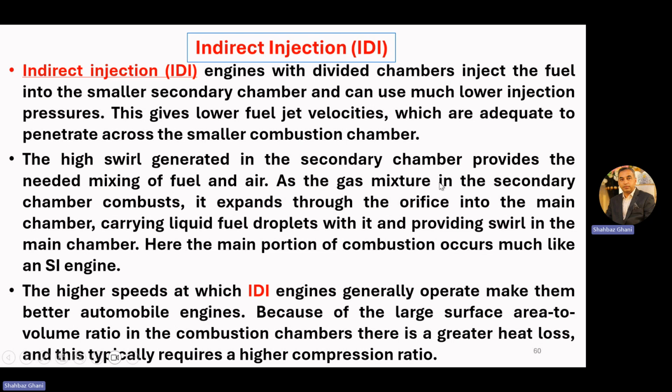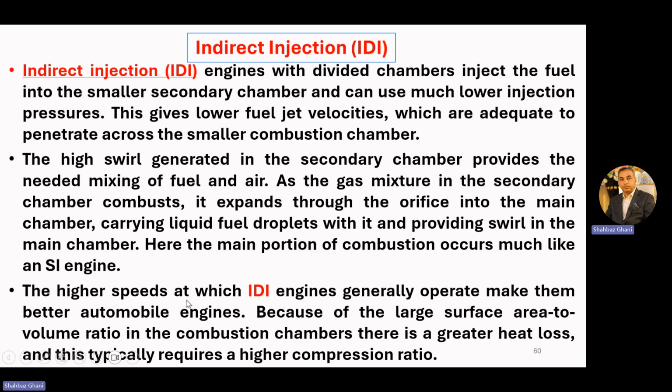As the gas mixture in the secondary chamber combusts, it expands through the orifice into the main chamber, carrying liquid fuel droplets with it and providing swirl in the main chamber. Here, the main portion of the combustion occurs much like an SI engine.